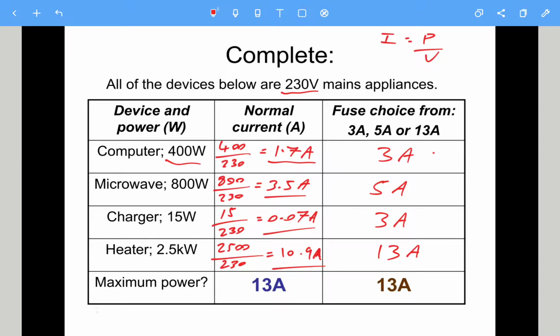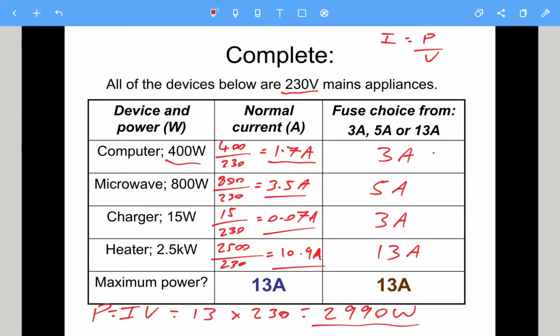Maximum power available, let's use P equals IV. So if the maximum current allowed in a mains is 13 times the voltage of 230, that gives us a maximum power output of 2,990 watts.